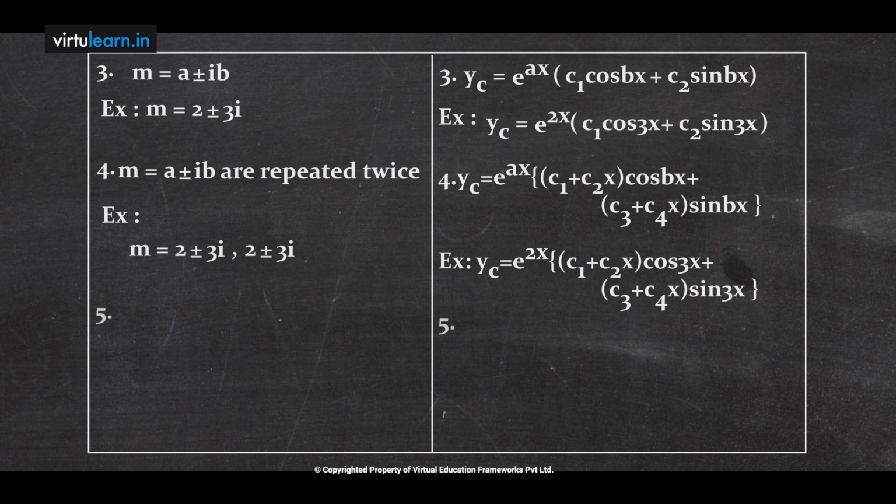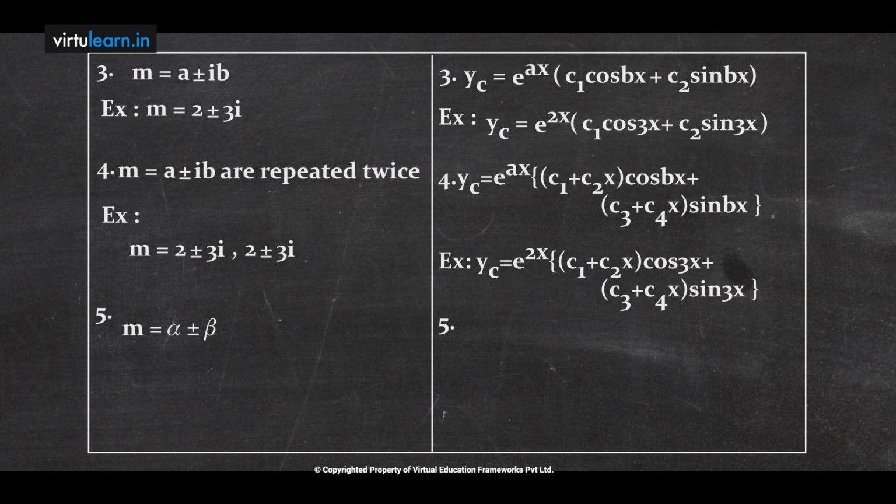The last, fifth complementary function: if m equals alpha plus or minus root beta. Here i is missing. This is a different type of roots, alpha plus or minus root beta. This is not complex roots.